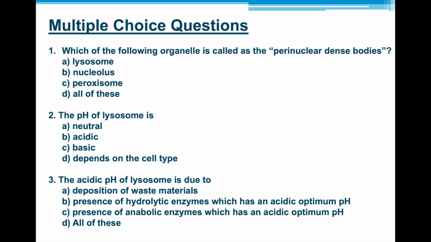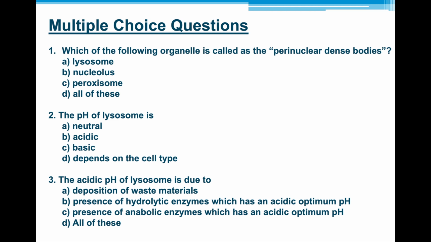Now, multiple choice questions. Question number 1. Which of the following organelle is called as the perinuclear dense bodies? Options are lysosome, nucleolus, peroxisome, all of these. Question number 2. The pH of lysosome is neutral, acidic, basic, depends on the cell type.